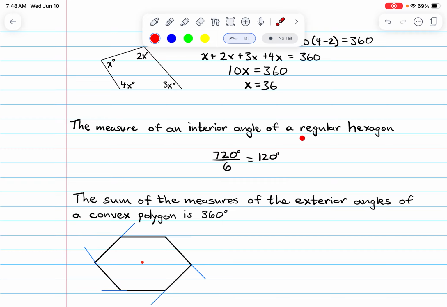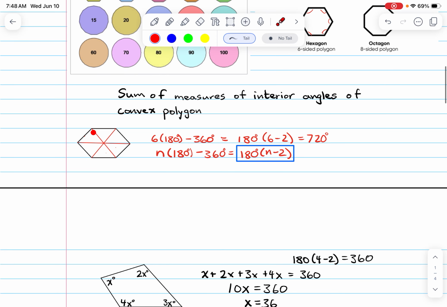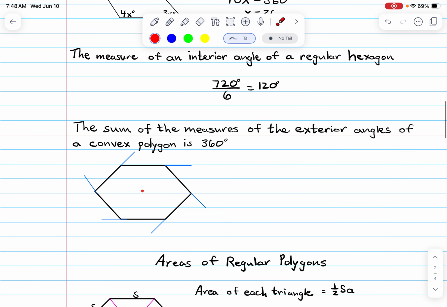Now remember, this is a regular hexagon. All the interior angles are equal. It would be 720 divided by the number of angles. See? 1, 2, 3, 4, 5, 6. So I just take 720 divided by 6 and I get 120. So each one of those angles is 120.